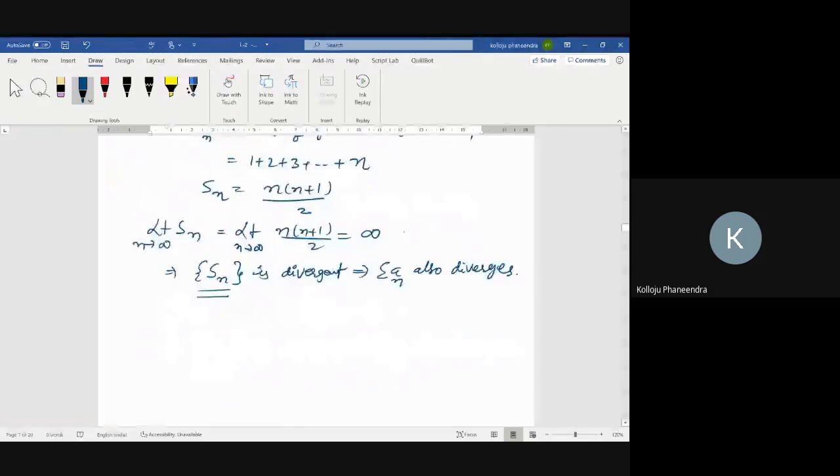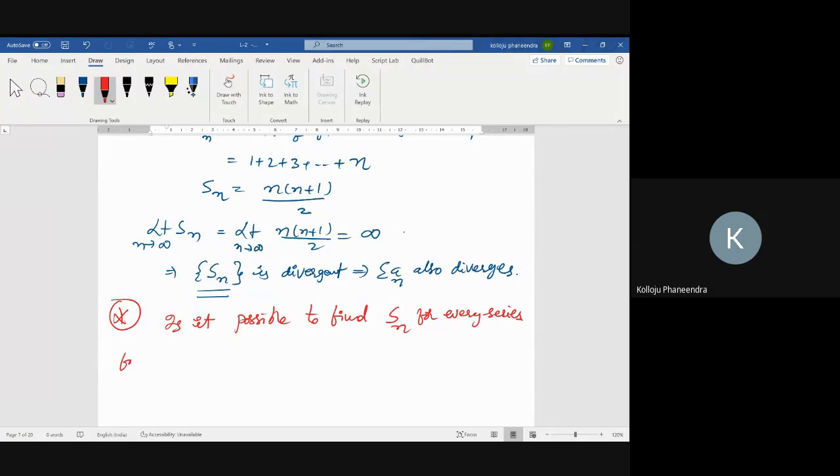Now the point is here: is it possible to find Sn for every series? This is a doubt.